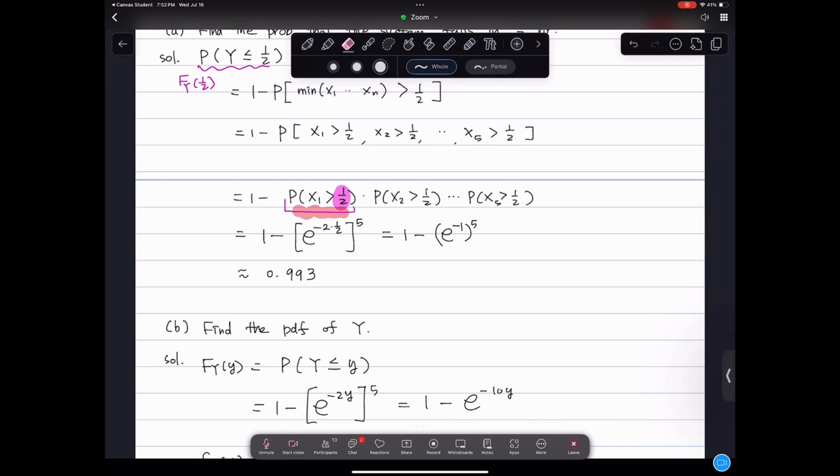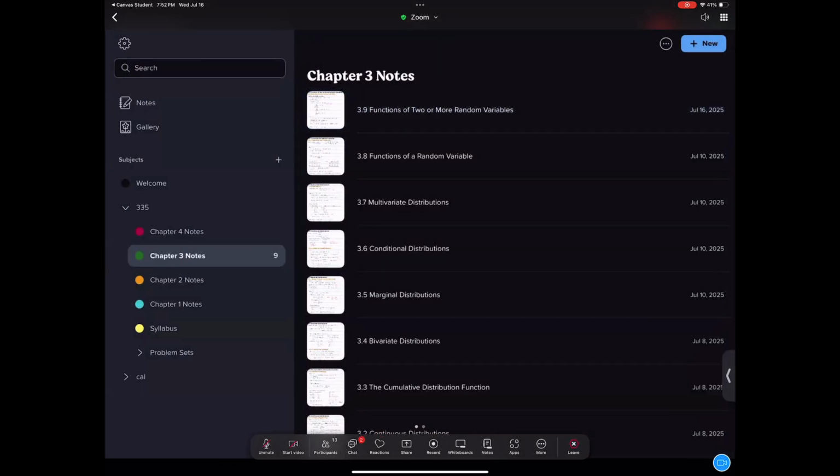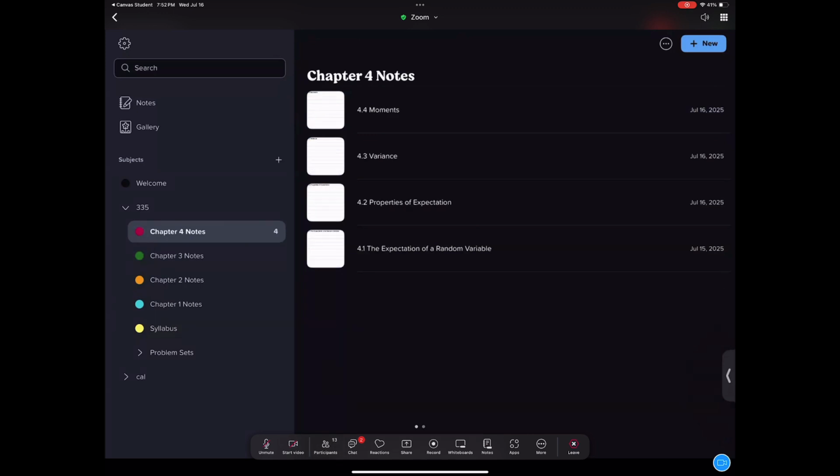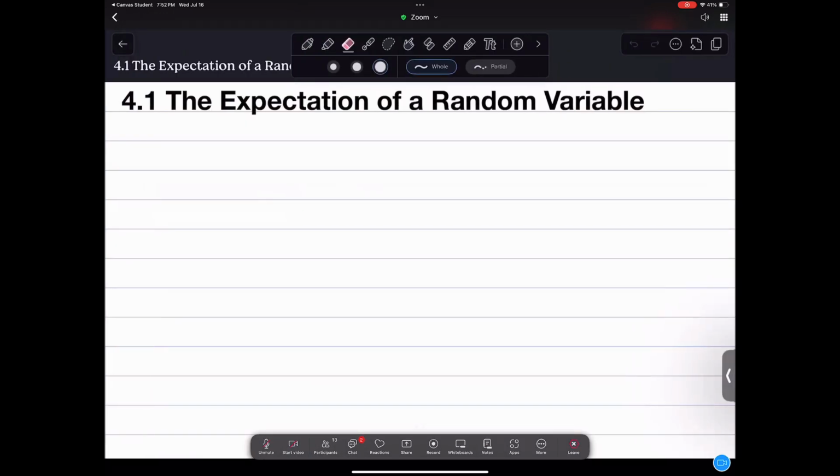All right, so I want to start a little bit of chapter 4, then stop there. Chapter 4 is about expectation. So let's start with the definition first, and then we go from there.